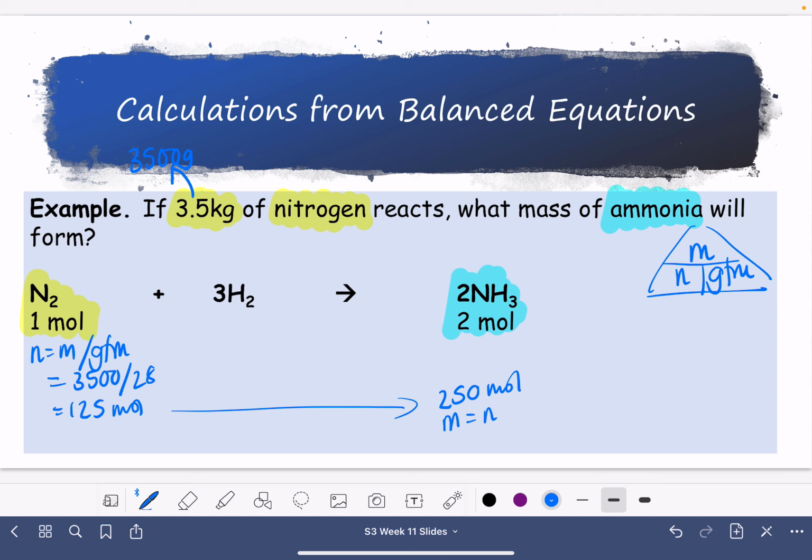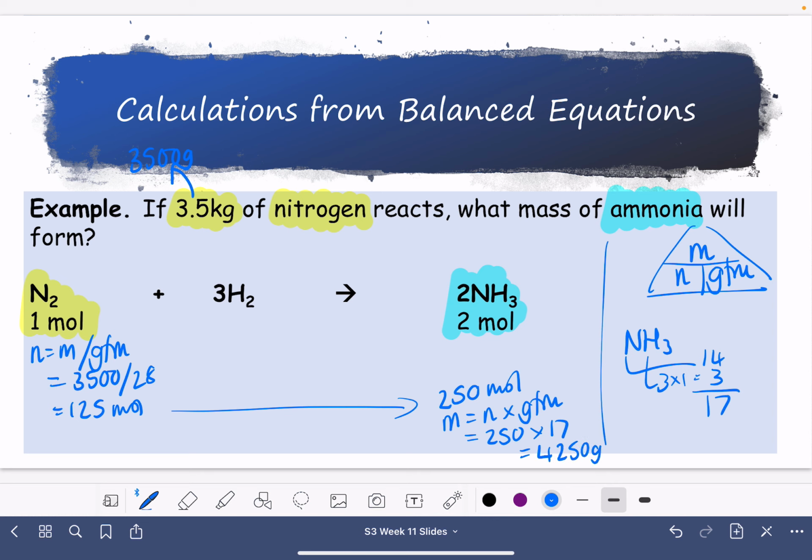Well, mass is number of moles times the gram formula mass, where n is 250 and the gram formula mass of ammonia, let's write it under here as well, it's NH3, so it's 14 plus 3 times 1 is 3, which is 17. So 250 times 17 is 4,250 grams, and that is our final answer.